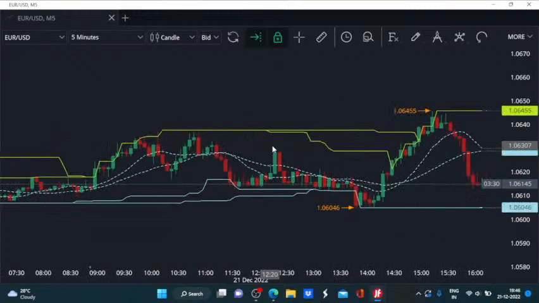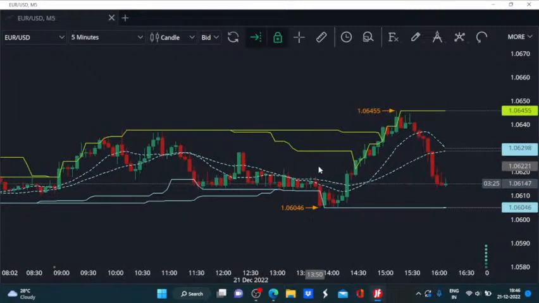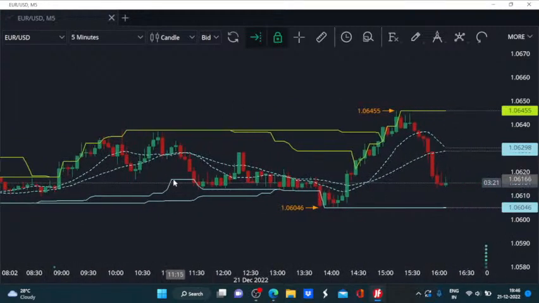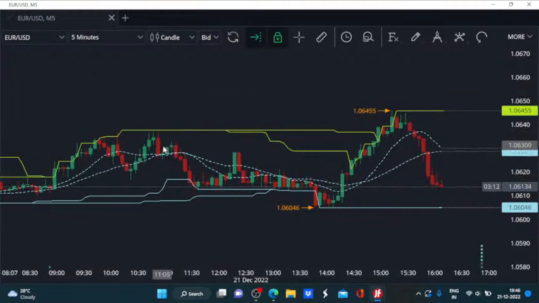Now, if we consider the Euro USD's price move so far, it has traded in a narrow range with subdued momentum. It is not really going anywhere. For most of the session, it has found support closer to 1.06, and that has been the story for the last couple of days. Today is no exception.